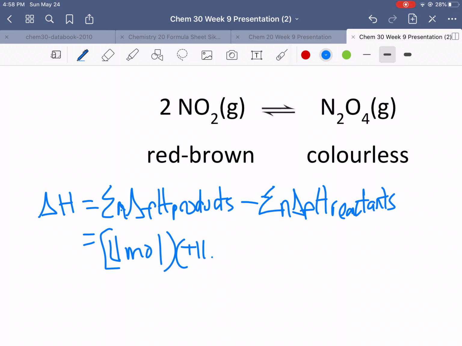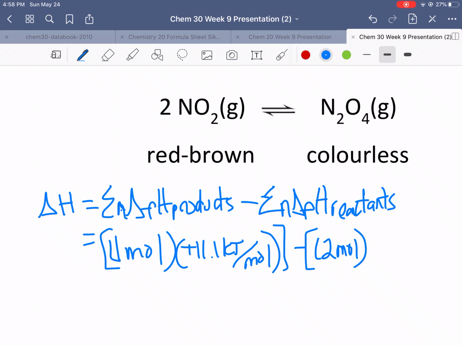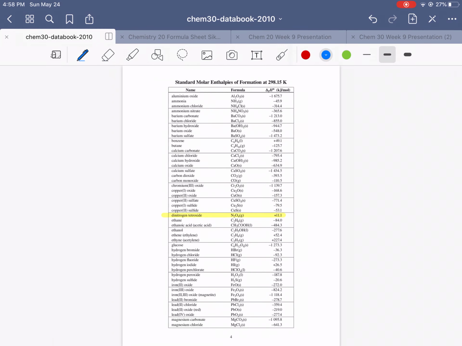Remember, positive or negatives are very important when it comes to enthalpy changes. Kilojoules per mole. And now I need to take that and subtract the sum of the molar enthalpies of formation of reactants. There's only one reactant here, so that's pretty easy. But I times it by the 2 moles that are reacting. Then I need the molar enthalpy of formation of nitrogen dioxide. So same thing, going back into your data booklet.